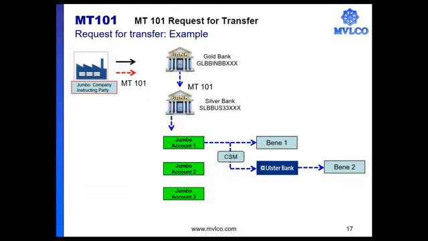We can also order simultaneously that pay more than one beneficiary, one at your bank itself, that is beneficiary 1, and another beneficiary at Ulster Bank, beneficiary 2, make both these payments. So in an MT101, I could have multiple payment instructions, beneficiary 1 as well as beneficiary 2.